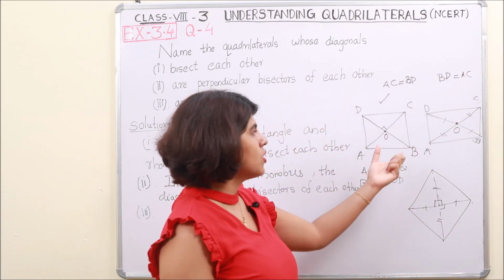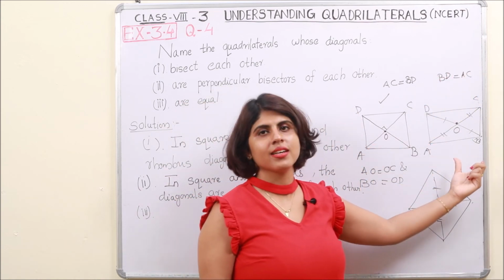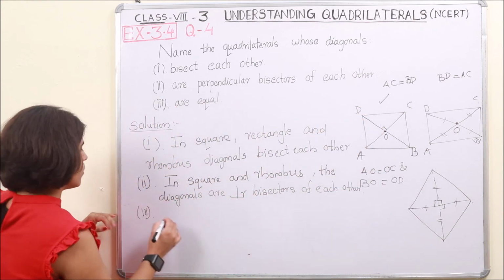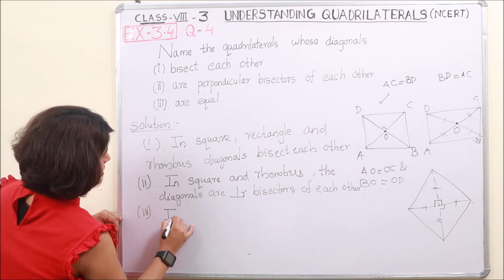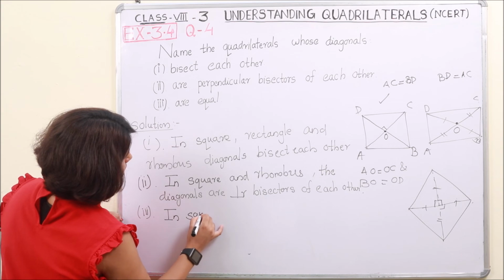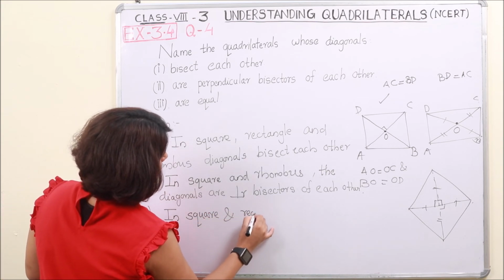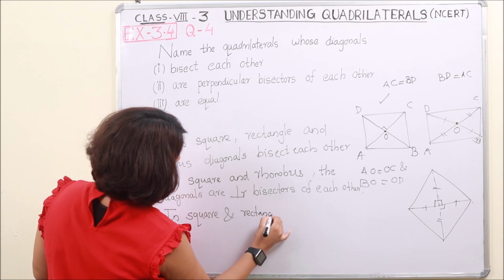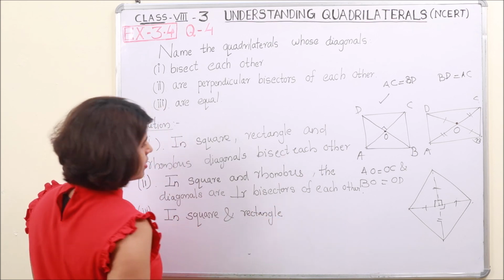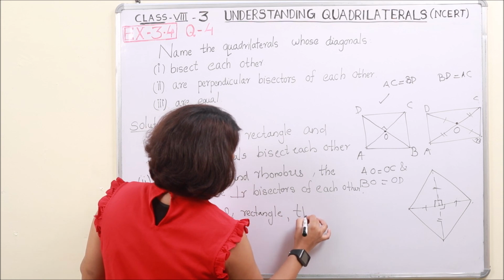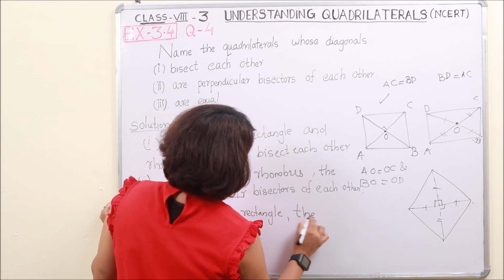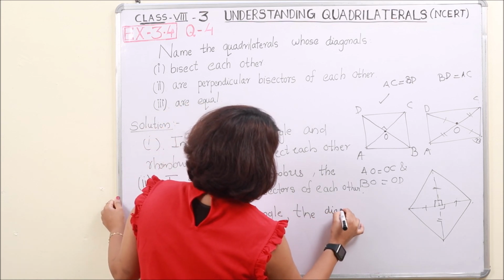Okay, so in the case of a square and a rectangle, the diagonals are equal. Okay, in square and rectangle, the diagonals are equal.